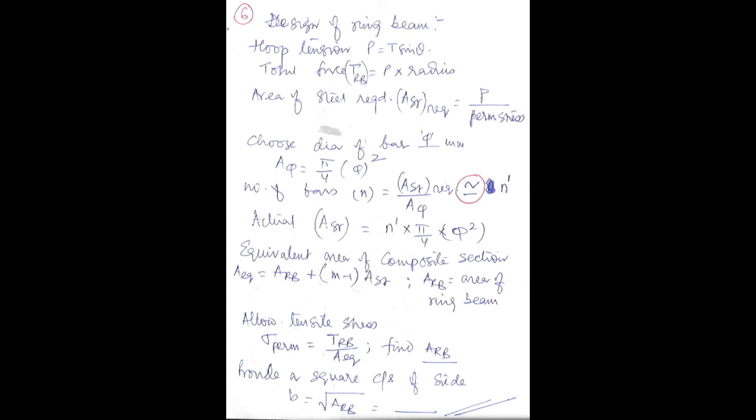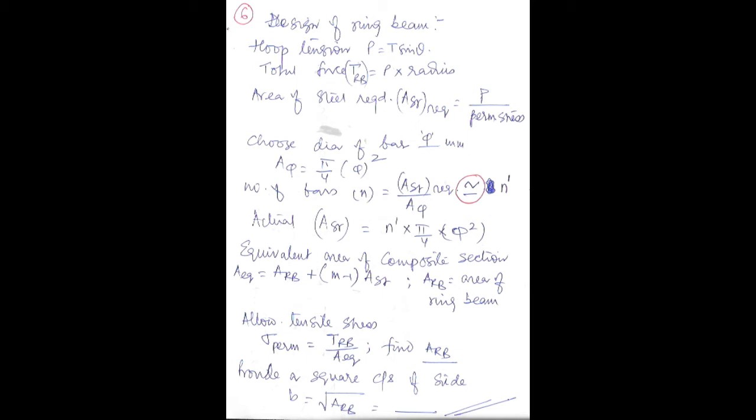Then next we have to find the equivalent area of the composite section. Equivalent area, that is AEQ, is equal to ARB plus (M minus 1) into AST, where ARB is the area of the ring beam. Correct? So allowable tensile stress, sigma permissible, is equal to TRB by AEQ.